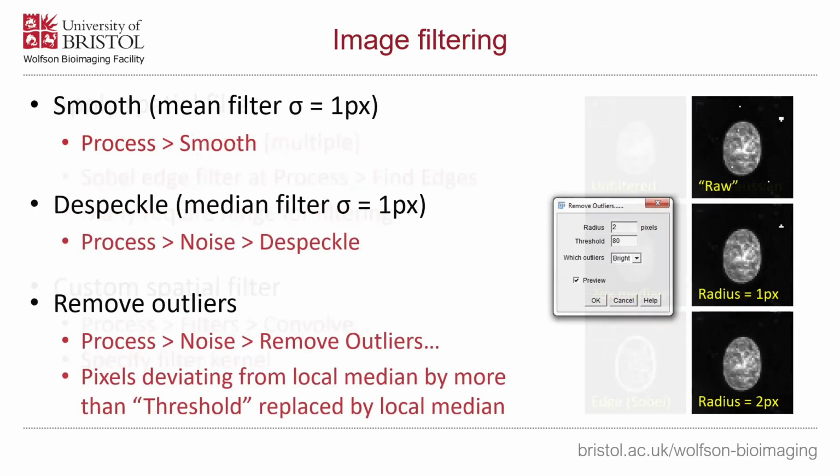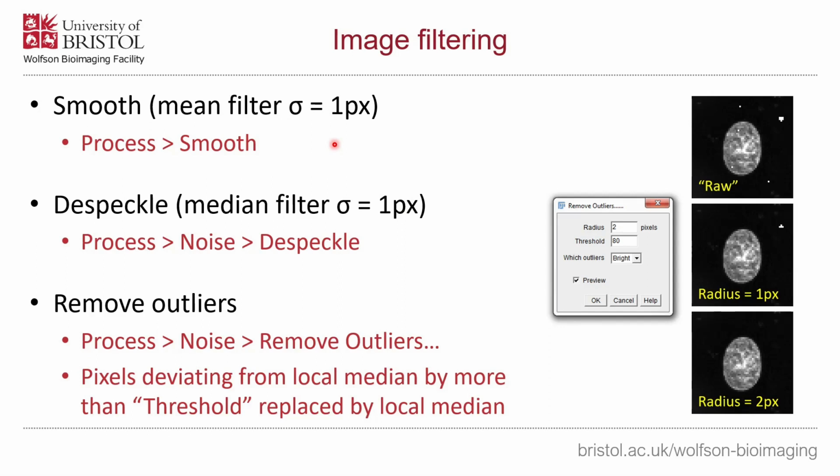You can also find another few. Process Smooth and Process Noise are actually just shortcuts to the mean and median filters that you would find in the filters menu, both with a range or sigma of 1 pixel.